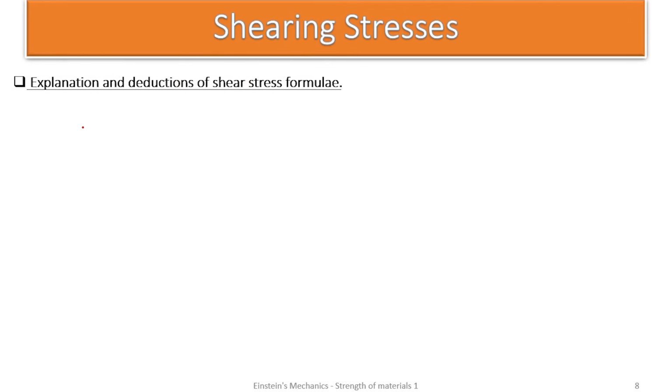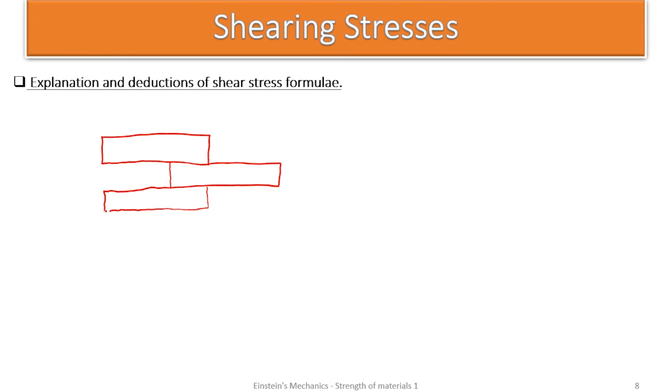Now, let's assume a bar. The bar is in this form. It's a triple bar. There's another bar this way. So we have bar A, B, and C, all joined by a rivet.